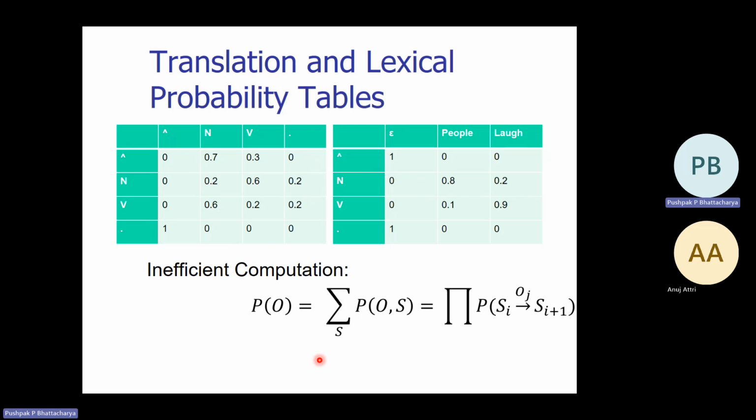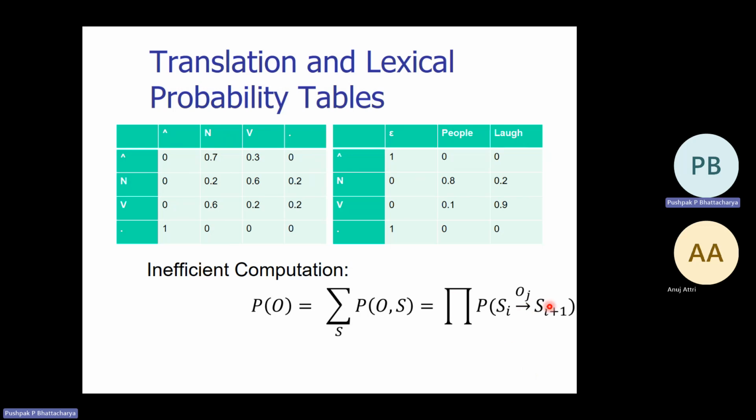So an inefficient computation will be the probability of people laugh. If you want to compute, you can introduce the transition and emission probability by marginalization. P(O, S), S is coming with summation. And then it can be computed by taking product of S_i to S_i+1 on O_j for all possible i and j.